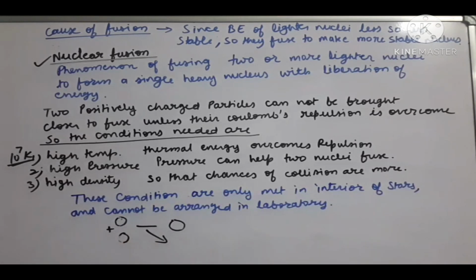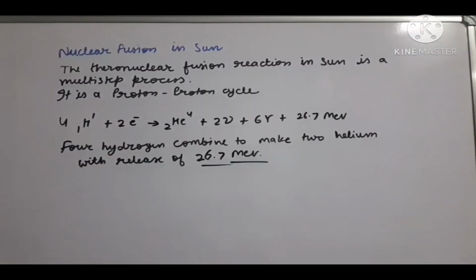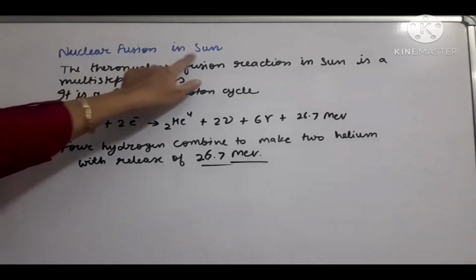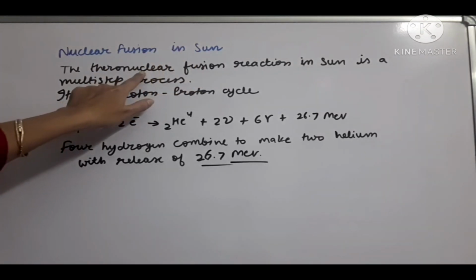Now let us understand the process in the sun or in the stars. Let us see the nuclear fusion reaction in the sun. It is basically the thermonuclear fusion reaction, because thermal energy, or temperature, helps the fusion take place.